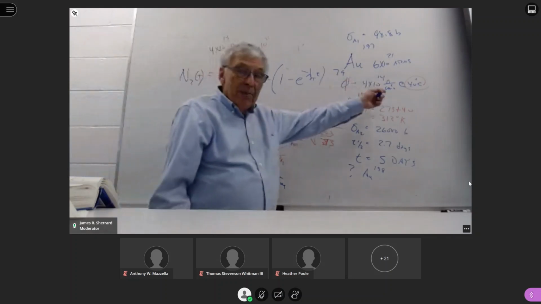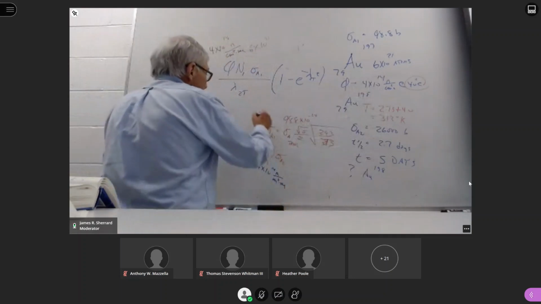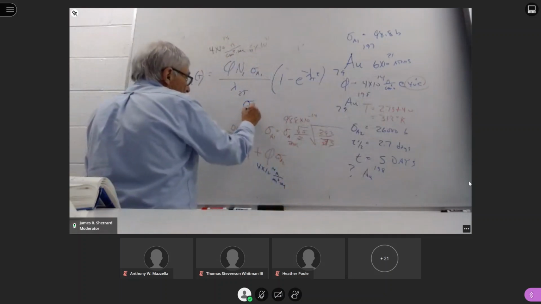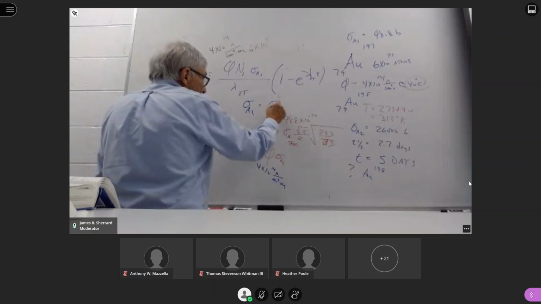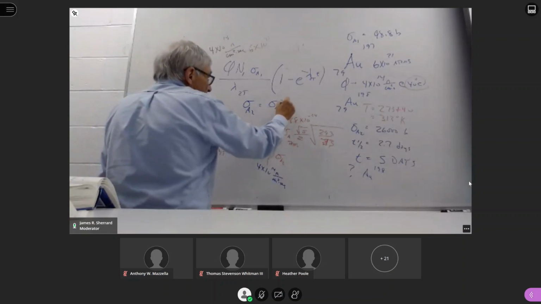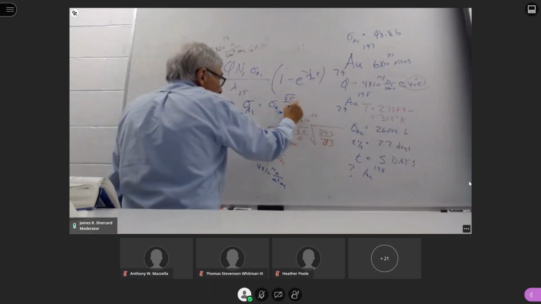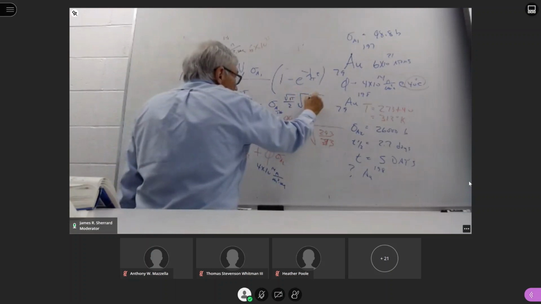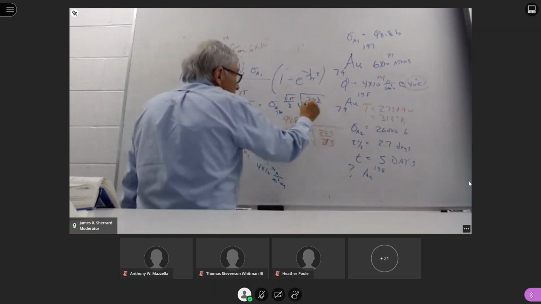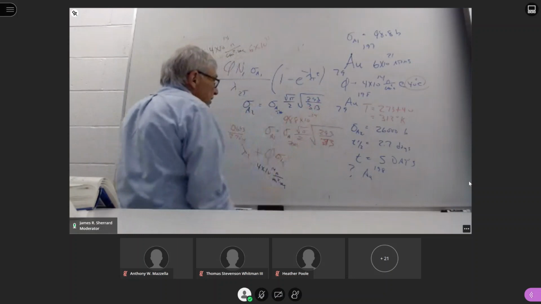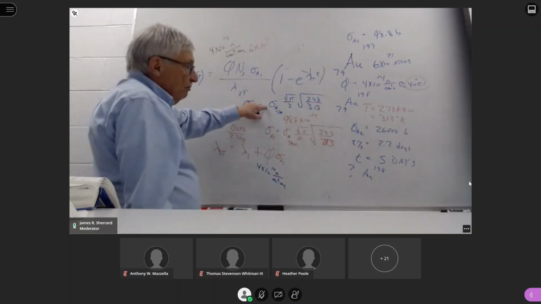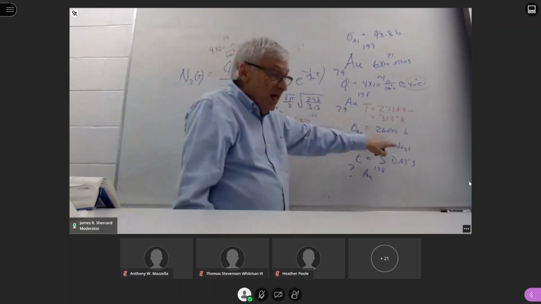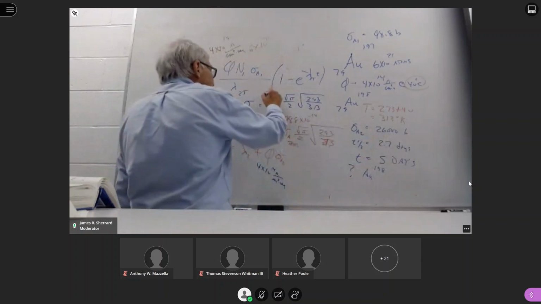Again, since the flux is epithermal, we have to correct it. So the absorption for 2 is going to be the thermal value times the square root of pi over 2 times the square root of 293 over 313. This thermal value we said was 26,000 barns. That's a biggie.